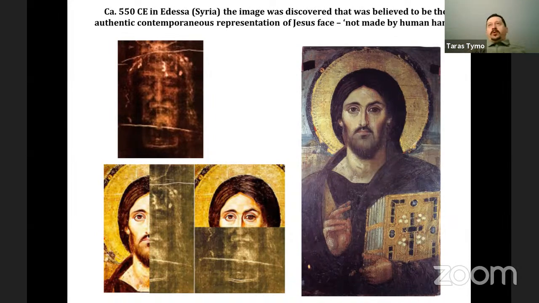So what we know from literary sources is that near the year 550, 545, 550, in Edessa, in one of great cities in Syria, today it's kind of in the corner between Syria, Turkey, and Iraq, in that eastern Syria, Edessa, they found an image that was believed to be the authentic contemporaneous representations of the face of Jesus, not made by human hands.